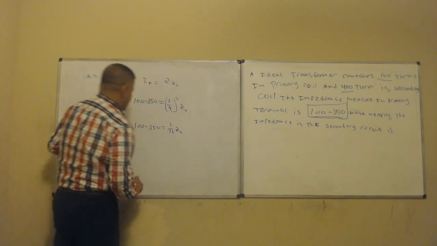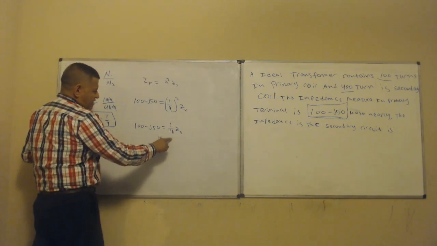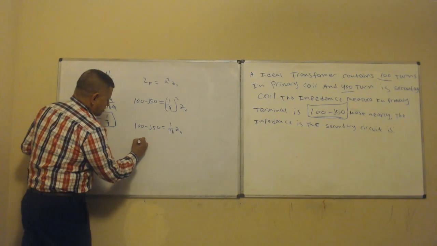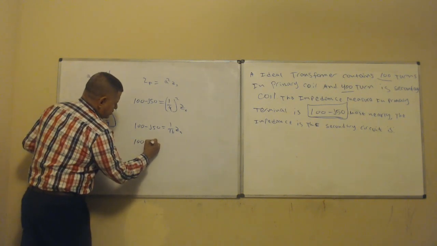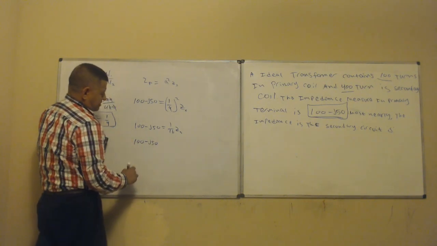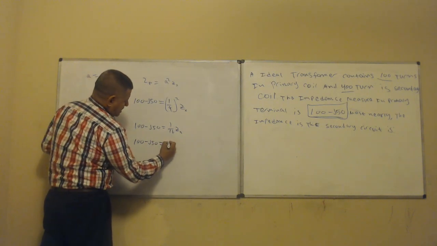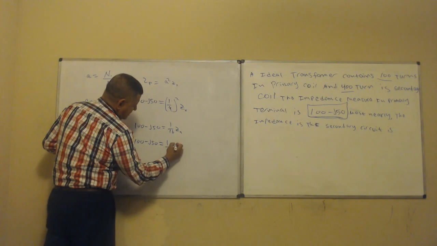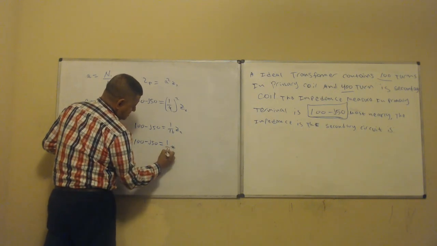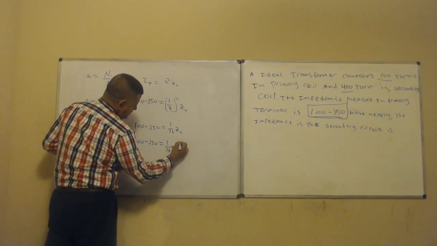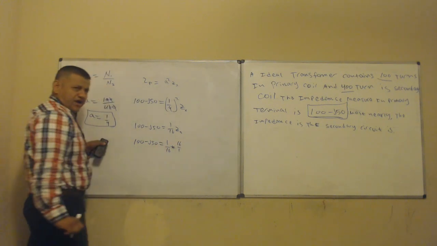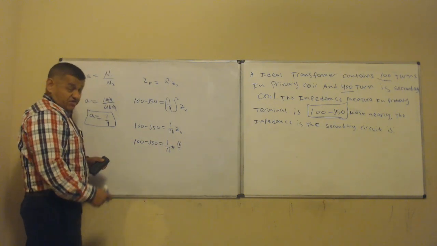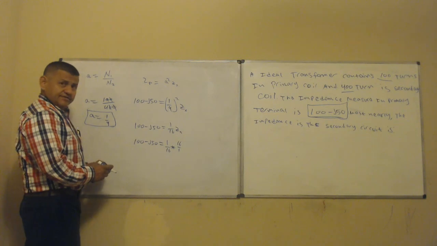C secondary, right? What I will do is write this down again, and I will say 100 minus J 50 is equal to 1/16, right, times 16 over 1. See how fractions play a very important role in engineering.